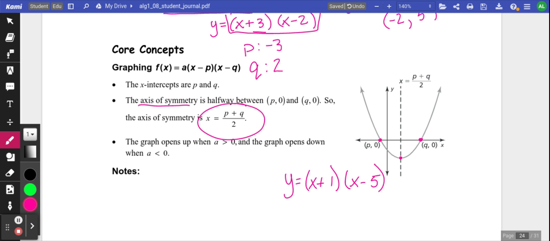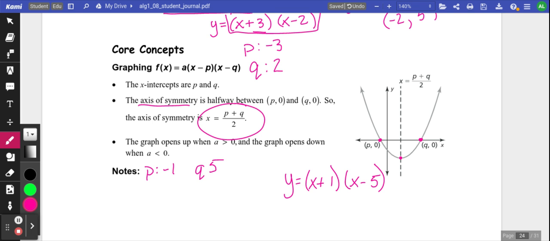So we want to know what p and q are. Remember you're swapping your signs. That's the easiest thing to forget. So plus 1 changes to negative 1, and negative 5 changes to positive 5.